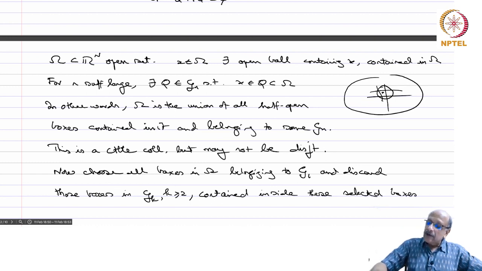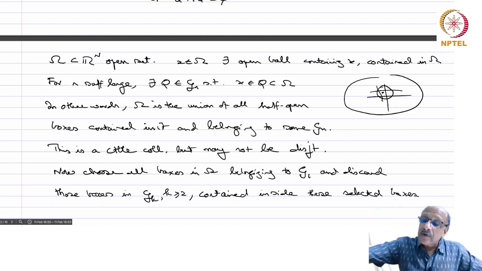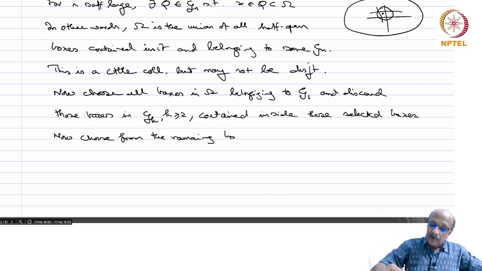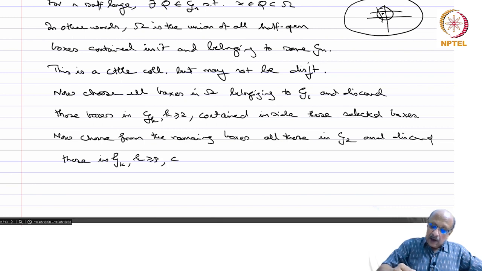So you are throwing away the superfluous ones. So now it's easy what you want to do. Now choose from the remaining boxes all those in G_2 and discard those in G_k, k greater or equal to 3, contained in the selected boxes.